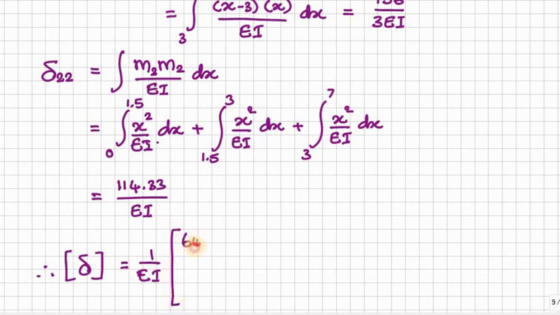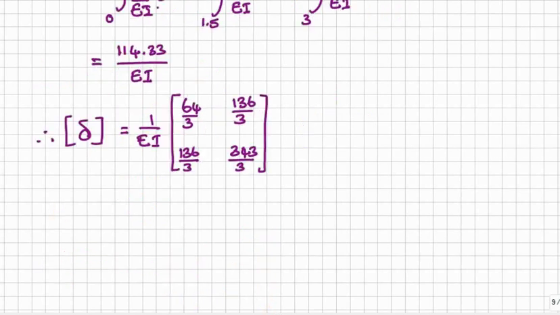Therefore 64 divided by 3, 136 divided by 3, 136 divided by 3, 343 by 3. So this is the flexibility matrix. Next step is the compatibility equation.